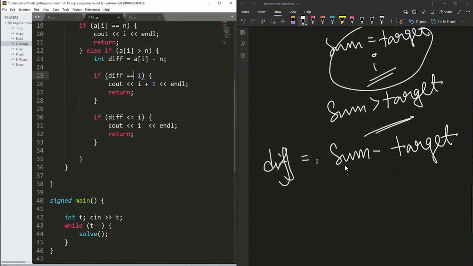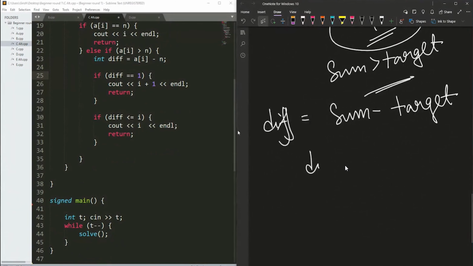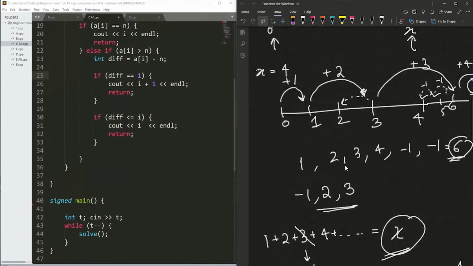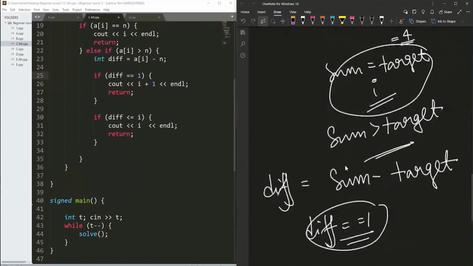See, if my difference is equal to 1, then in the next step, in the next jump, I must come back. See here. Okay, now I got it.